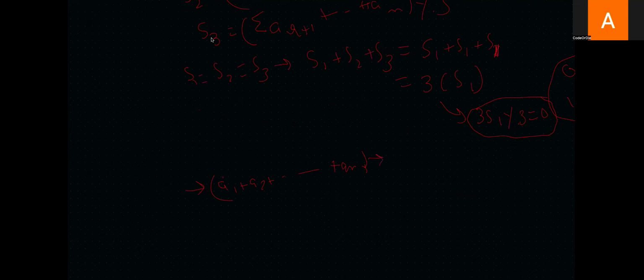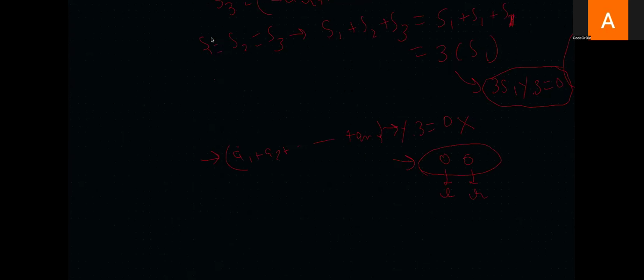Okay. If it is not, then you don't have any valid index. And if you don't have any valid index, then what do you have to print? 0, 0. This will be your L, this will be your R. Okay. So we are damn sure about this thing.